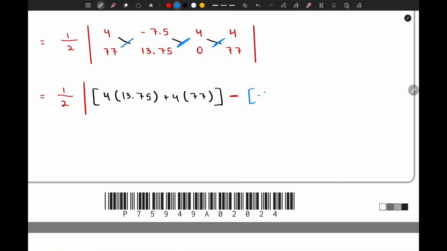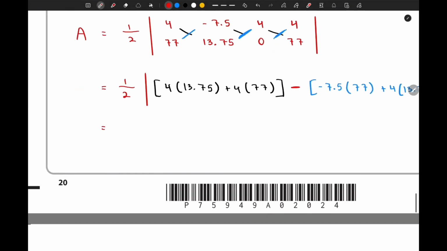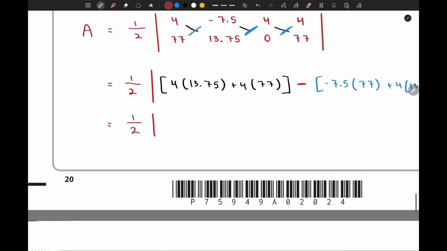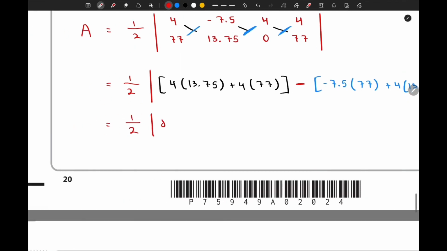So that's -7.5 times 77 plus 4 times 13.75 plus 4 times 0, which is 0. So end the modulus bar in this part. So let's first find out the value of the part inside the modulus bar.